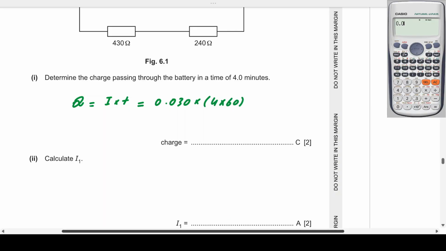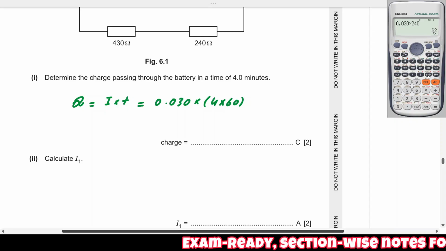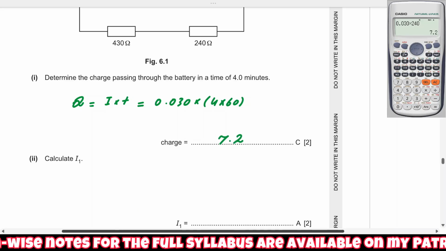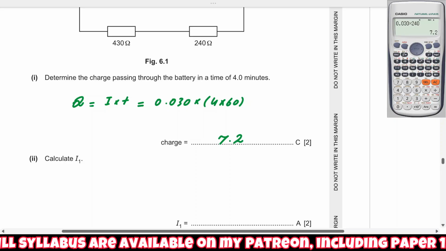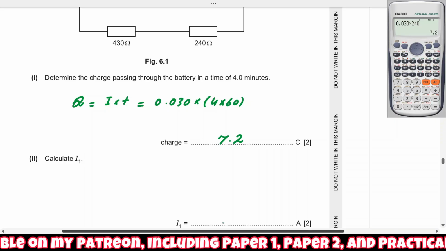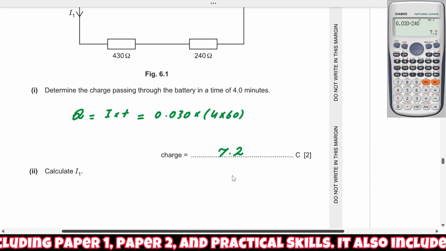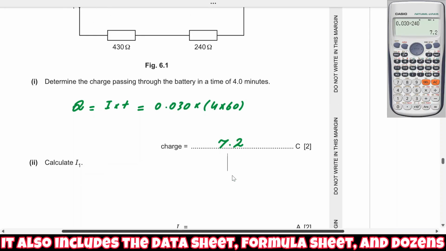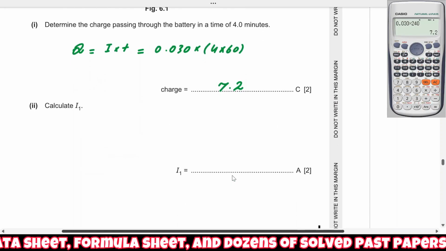So 0.030 into 6 4s are 24. We get 7.2 coulombs. So a charge of 7.2 coulombs passes through the battery in 4 minutes.